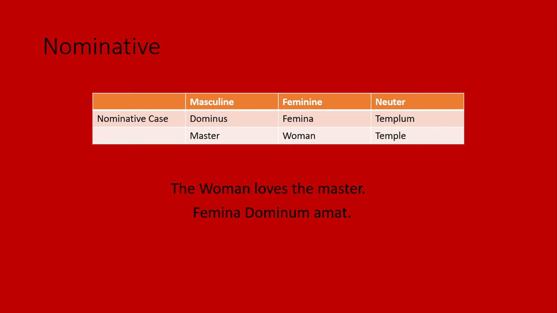There are actually all different genders in all of the different declensions of nouns, so don't let gender fool you when you're trying to figure out what declension a noun is in.